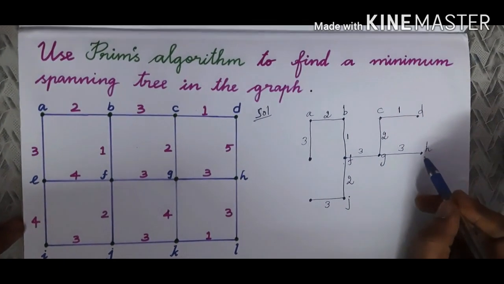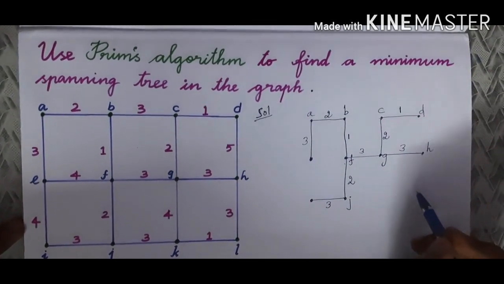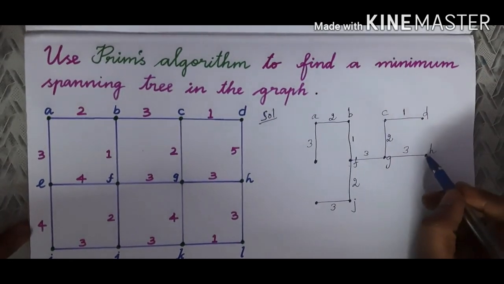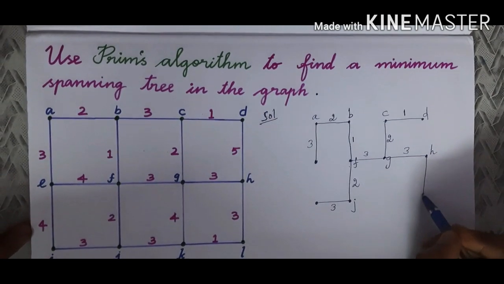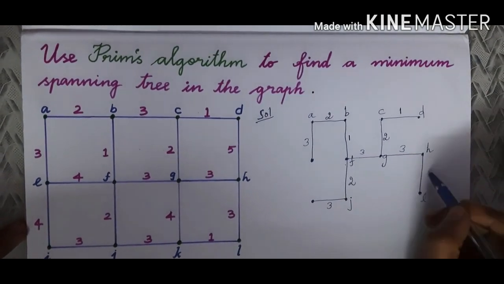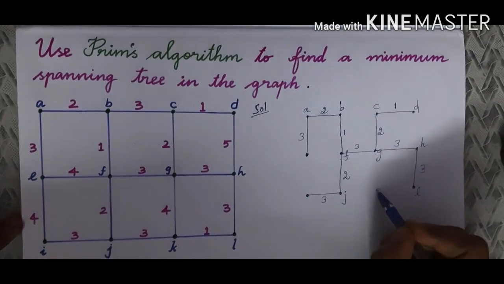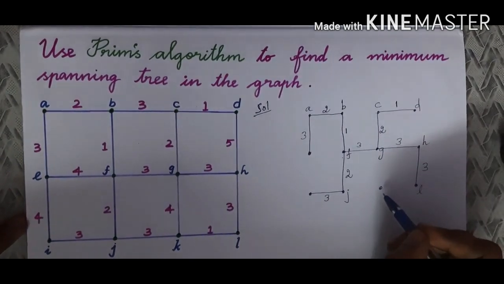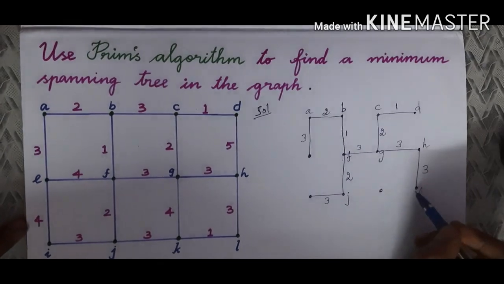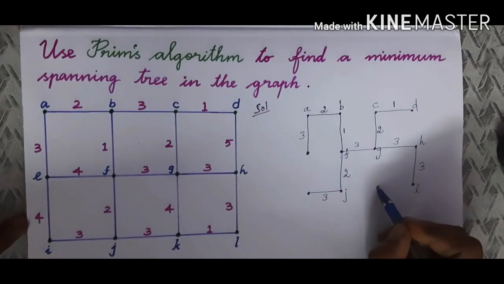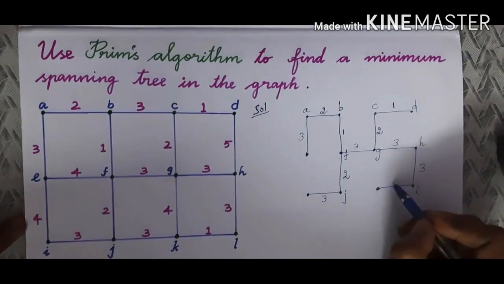Then from H you can go to L, or from G you can go to K, but the minimum weight is from J to L. The weight is 3. Next, to reach K, either you can go from G to K or from J to K or from L to K, but the minimum weight is L to K, the weight is just 1. So I choose this one.